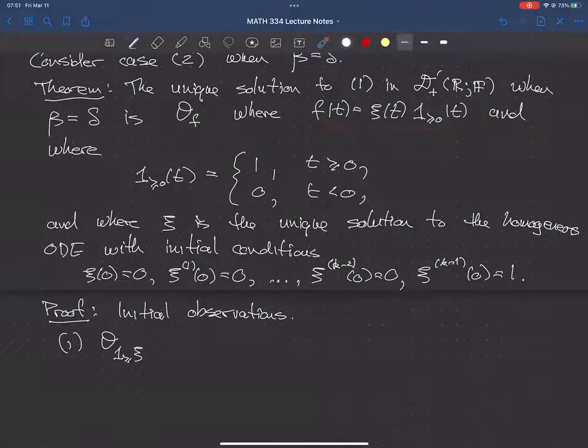I claim that this is equal to c theta times the step function. All right, so let's make sure we understand what this means. This meaning is unambiguous. This is a locally integrable function. This is the distribution corresponding to that locally integrable function.